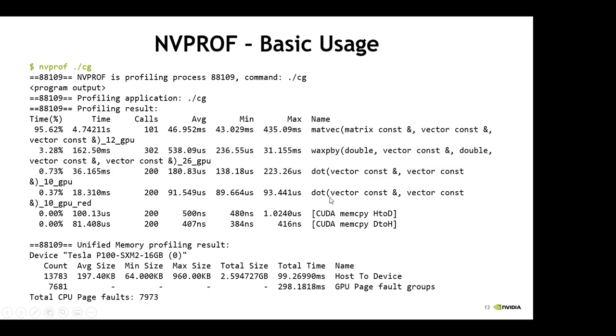Something important to notice here: these are the copy operations between CPU and GPU. H2D is from host to device, so you are copying from the CPU to the GPU, and memcpy from device to host.